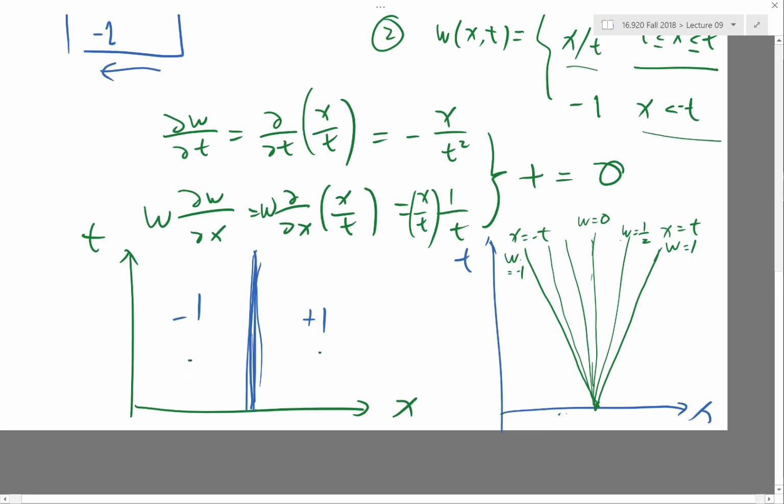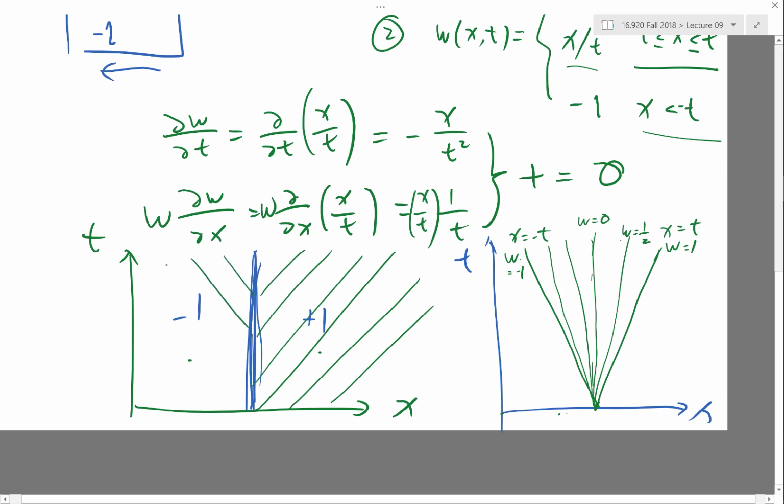So if I draw the characteristic curves, this would be 45 degree lines in both directions. So these would be the characteristic waves for the non-physical solution.